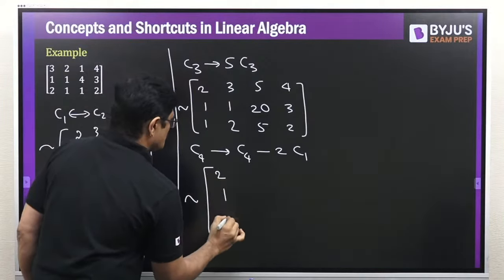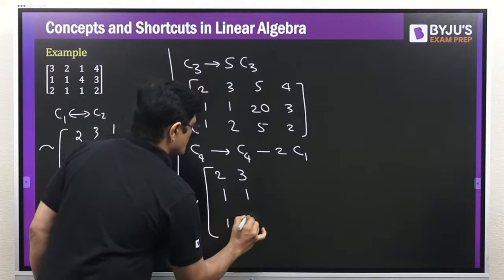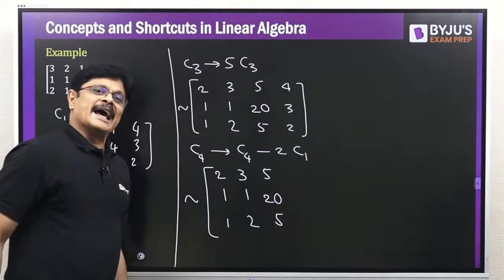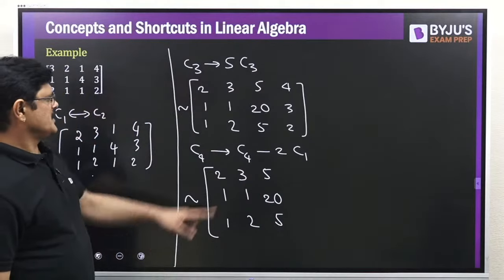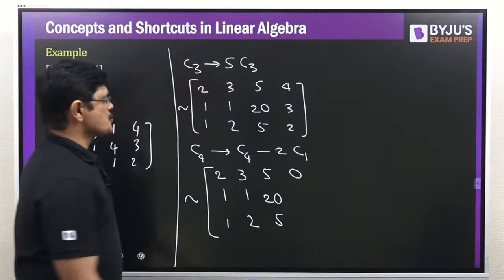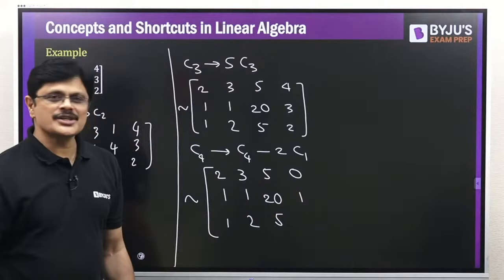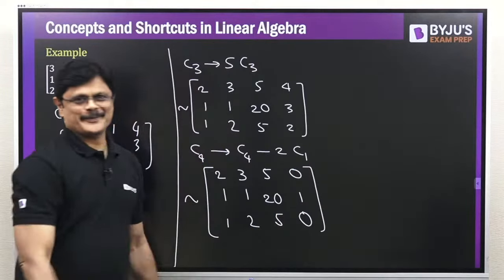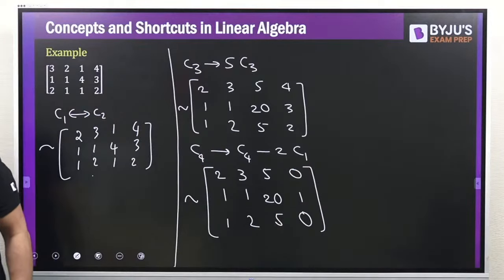So first column, no change, second column, no change, third column as it is, fourth column, 4 minus 4, zero, 3 minus 2, 1, 2 minus 2, again zero. Got it? Wonderful. Anyone having doubts, sir?